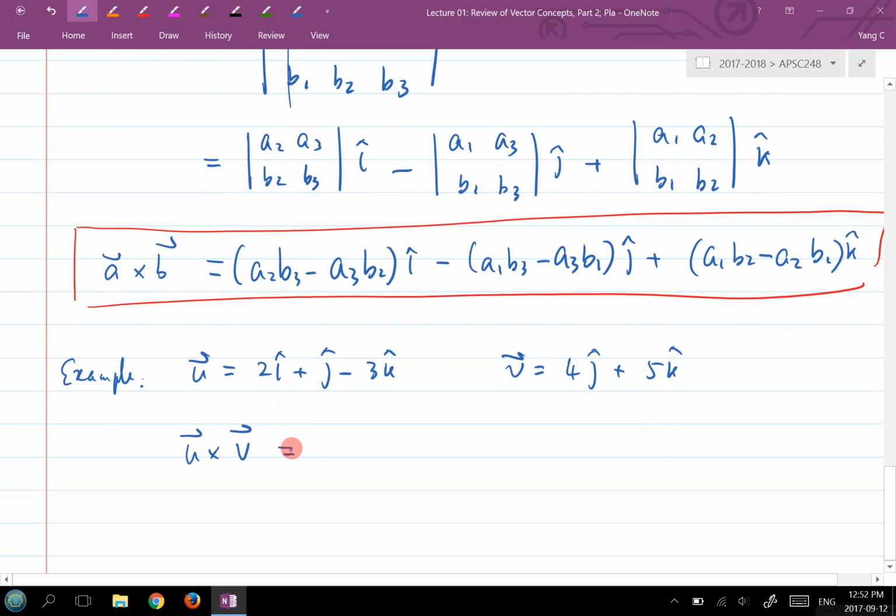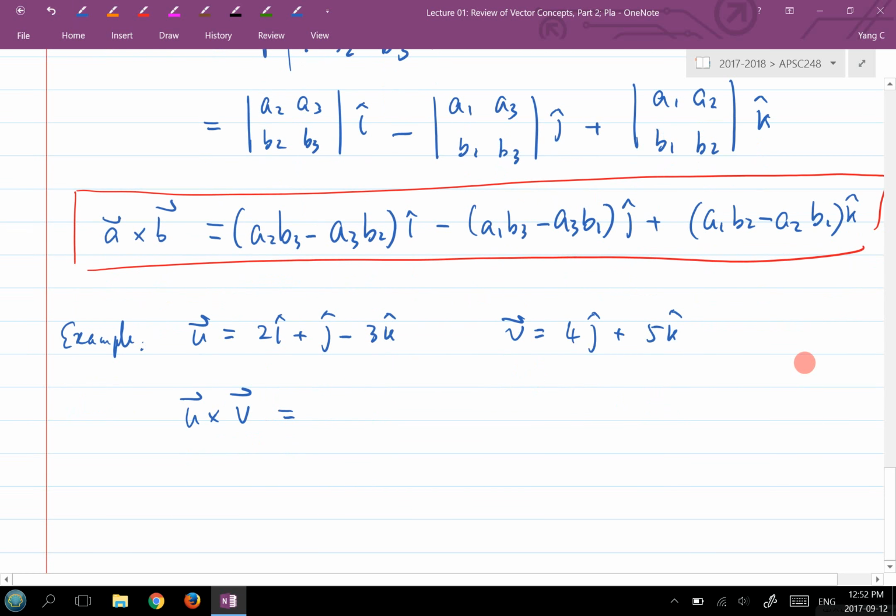Time yourself. It shouldn't take you more than maybe 2 minutes to finish this kind of calculation in the actual exam setting, depending on how comfortable you are and how much you use this formula. So try it yourself. Give yourself 1 or 2 minutes.